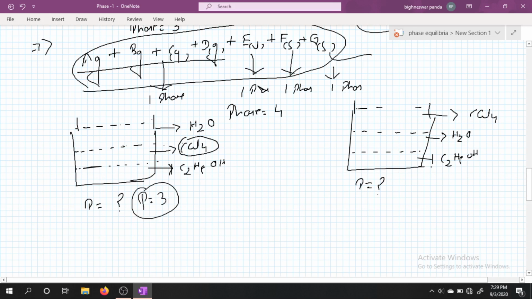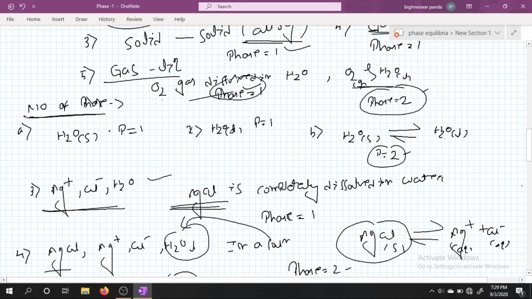But here C2H5OH and water dissolve and these are miscible liquids, so these two will form one phase and this one will be another phase. So here phase equal to 2. So these are all about phase, and we can have a clear idea about how to calculate the phase in a system.